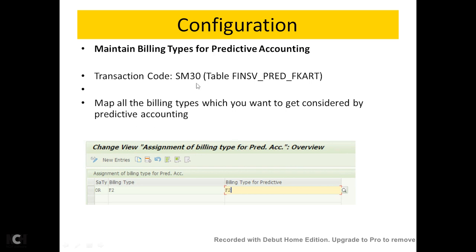After that, you also have to do a couple more configurations relating to sales orders and billing types. First, the billing types. Again you go to SM30 and use the table FINSV_PRED_FKART, and here you map all the billing types which you want predictive accounting to consider.